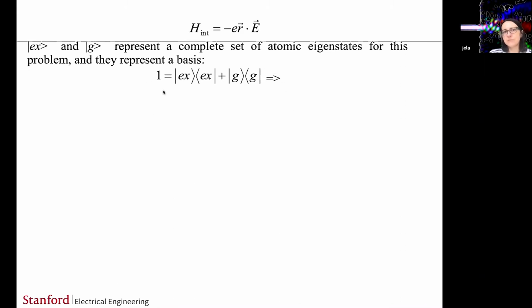You've probably seen this if you do quantum mechanics: you can write this unity operator by adding up projections onto all of the basis functions spanning a certain subspace. So if you do that, then you can multiply both sides of this interaction operator with this unity operator.